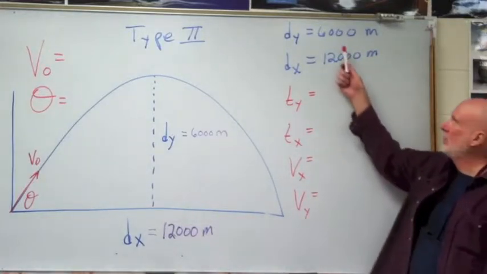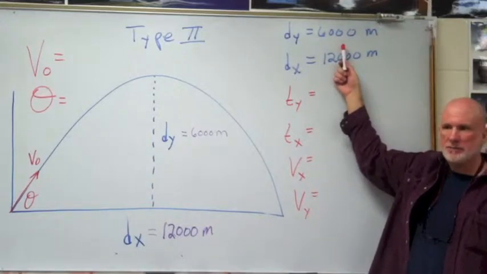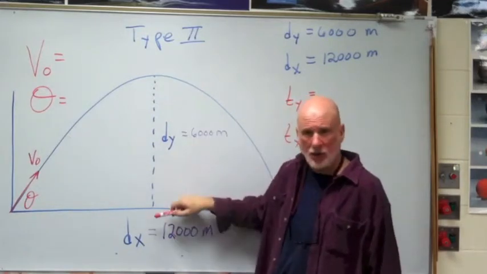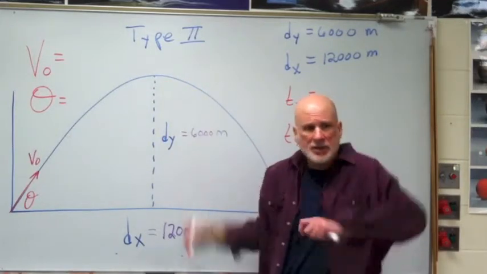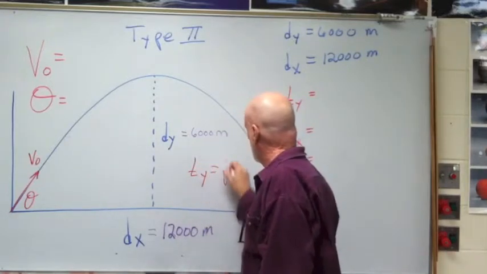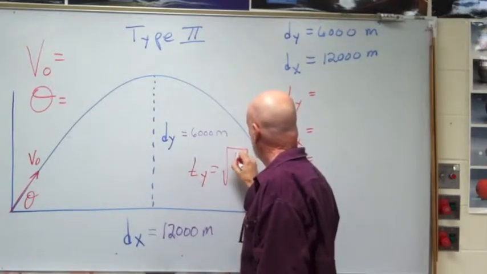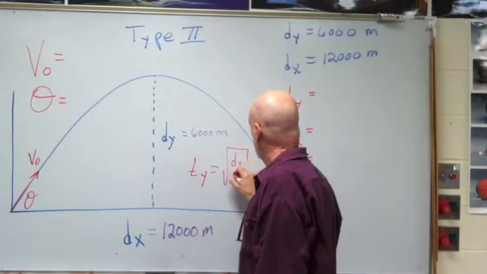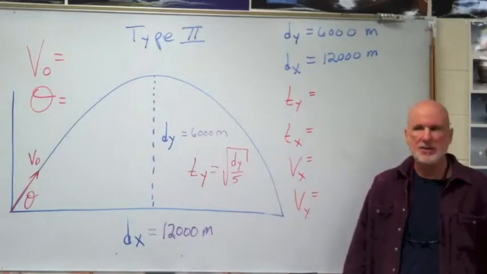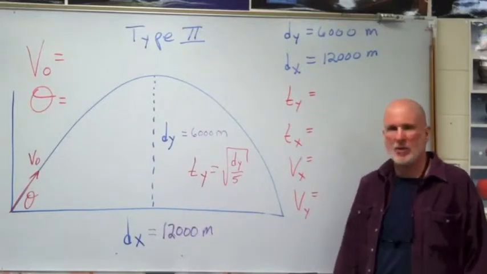Now, if I know dy, I could tell you how long it took me to get to that height, because it's represented like this. Ty equals root dy over 5.